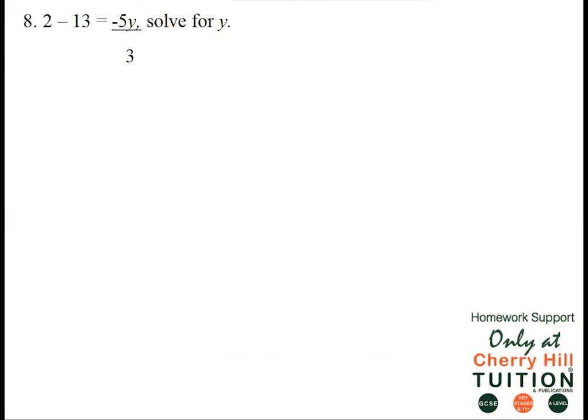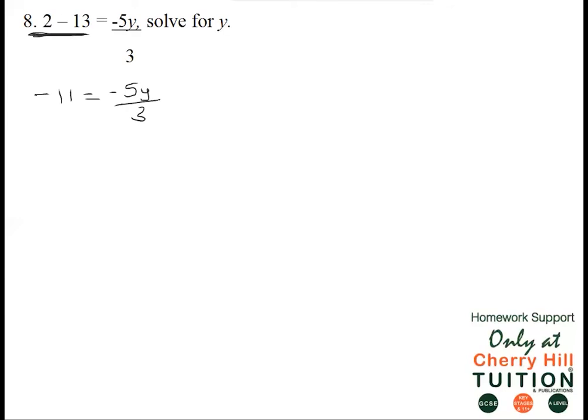But before doing that, hopefully you can see that we can already simplify this equation because 2 and minus 13 are both like terms, so we can collect these. 2 minus 13 is minus 11. And on the right-hand side, we have minus 5y over 3. As you can see, this just makes the equation look a little bit neater and a little bit easier to solve.